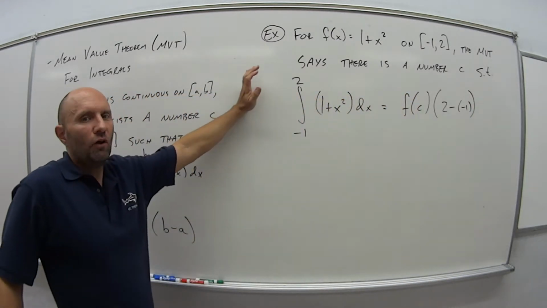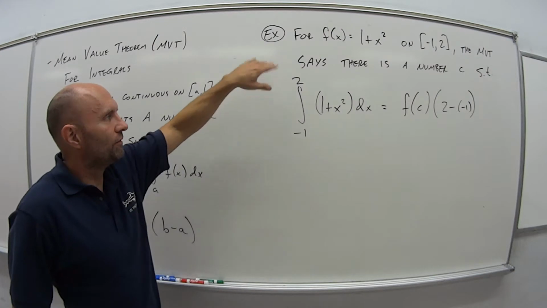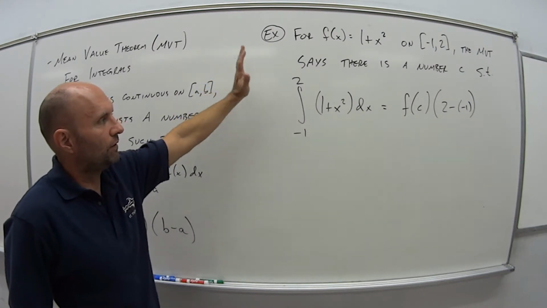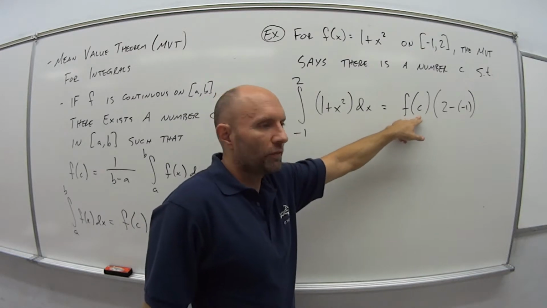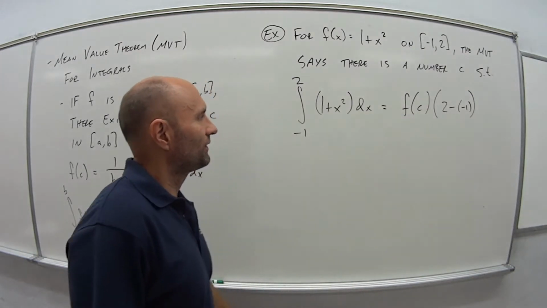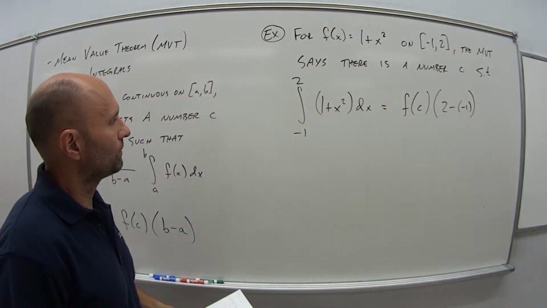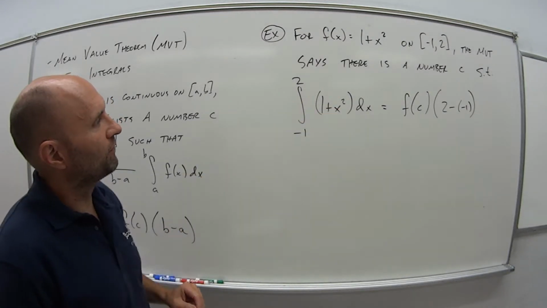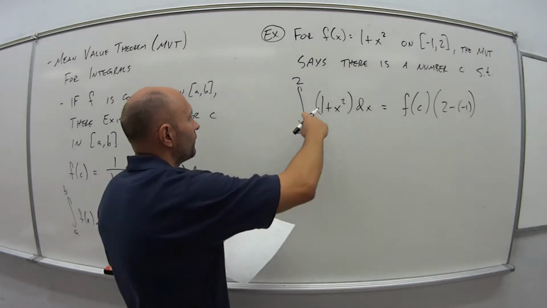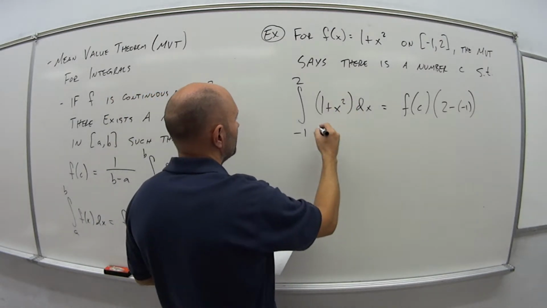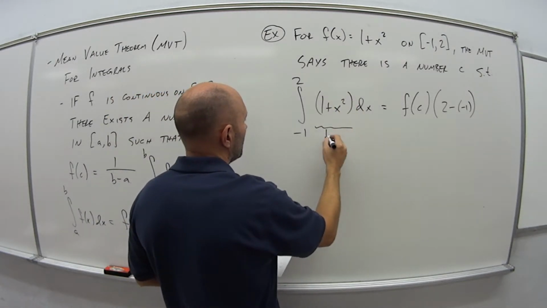So if we wanted to know what's the mean value of this integral, what's the average value of this integral, we can determine what the point is here at c in order to figure that out. So let's do all these pieces we can and then try to solve for our value c. So this guy here, if I take the integral, what do I get?